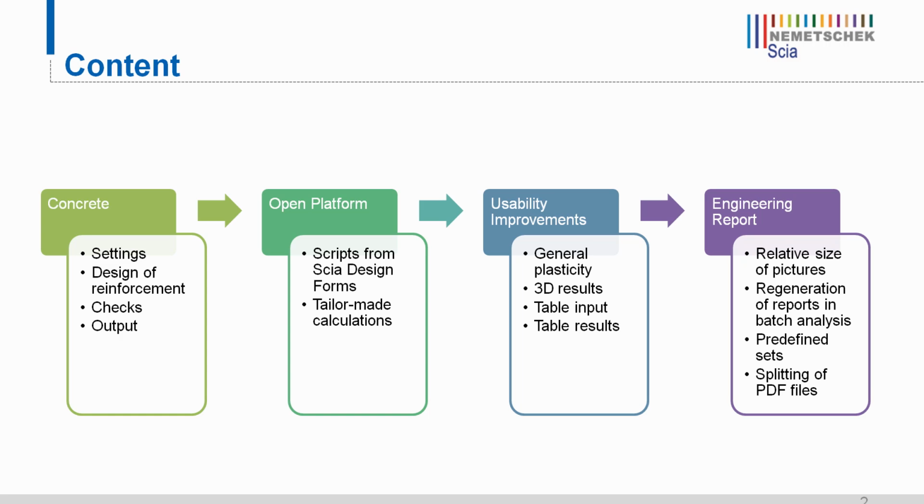Next, there are also a lot of usability improvements, like general plasticity, 3D results, and improvements in table input, and improvements in table results, and much more. And at last, the engineer report, there are also a lot of improvements made, like relative size of pictures, regeneration of reports and batch analysis, predefined sets when sending a picture to the engineer report, and splitting of long PDF files.